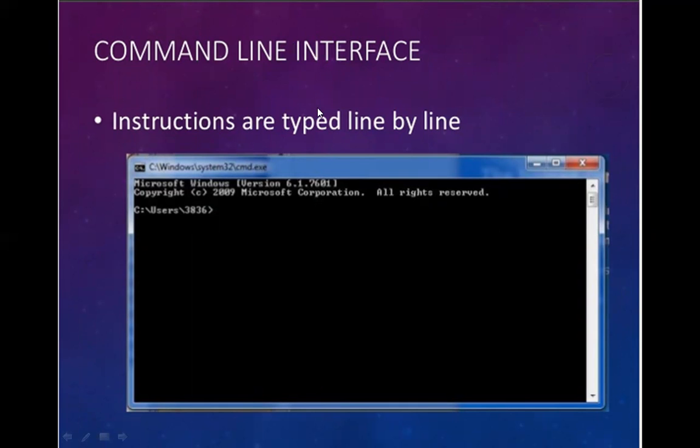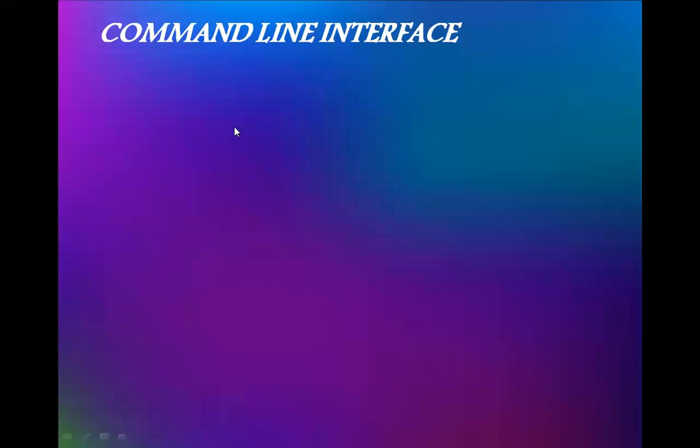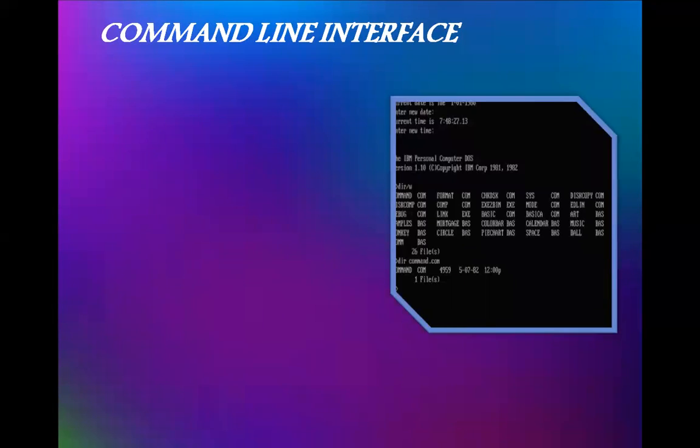What is a command line interface? The command line interface basically consists of instructions, and those instructions are to be typed line by line. Here is the interface of the command line, just like this, consisting of some commands within an interface, as you can see in this figure.